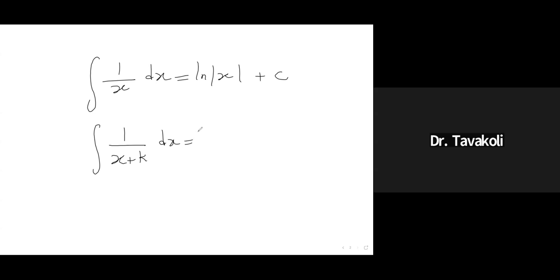By using a simple substitution, letting u be x plus k, we can conclude that this is going to be ln of absolute value of x plus k, and then plus c.